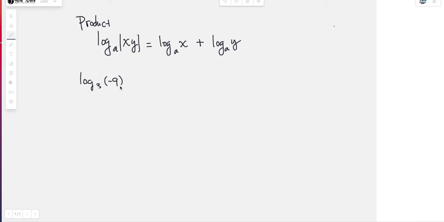But if it was log base 3 of -9, that doesn't make sense, because the question we'd be asking is 3 to the what power is equal to -9, and there is no power you can raise 3 to to get -9. So the point I'm making abundantly clear is that logs are technically supposed to come with an absolute value. Log of anything needs to be an absolute value because log of a negative number doesn't make sense. It doesn't matter what the base is.